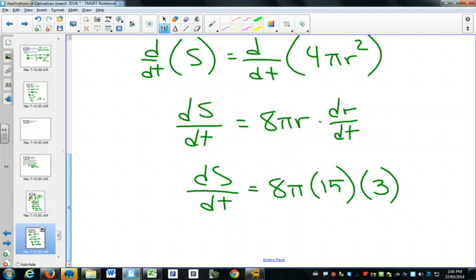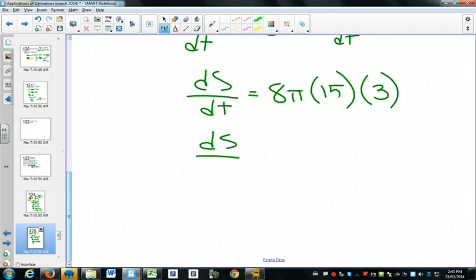Multiply all that out, and dS/dt, as an exact answer, we'd have 8 pi times 3 times 15, so 24 times 15, which is what, 360? 24 times 15.